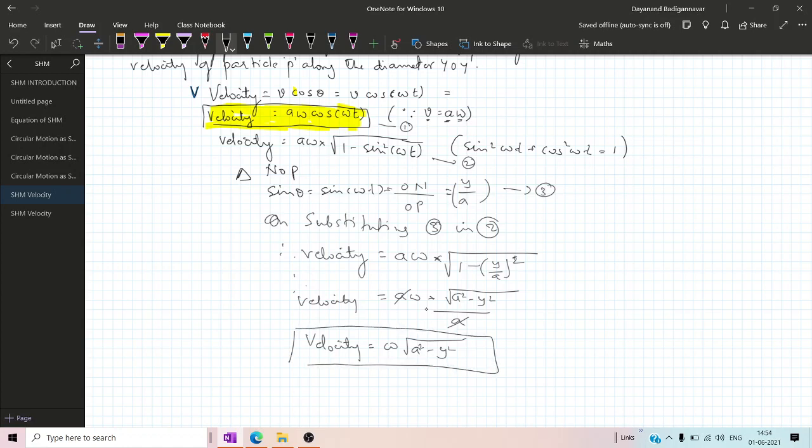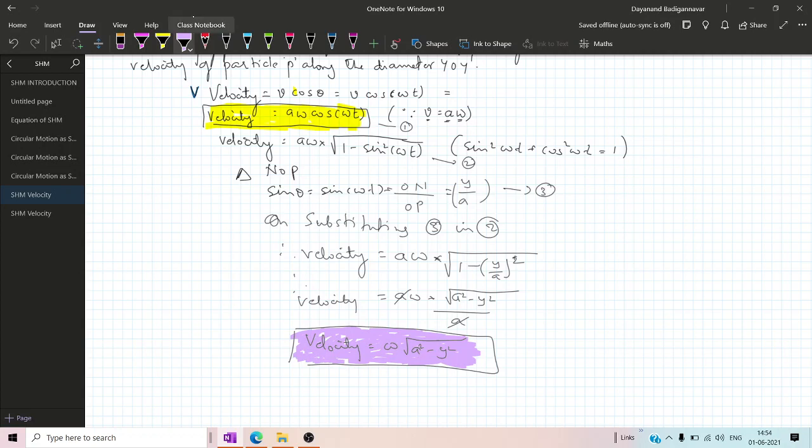Usually this equation of velocity we don't come across in textbooks unless it is for uniform circular motion. Only in that part of the textbook will we see this. We hardly see this.